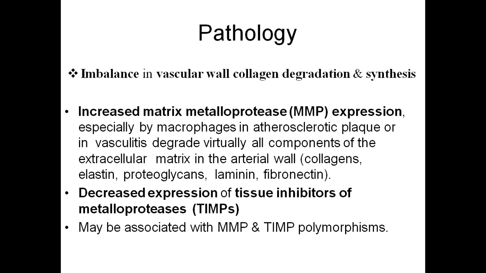Decreased expression of tissue inhibitors of metalloproteases may be associated with MMP and TIMP polymorphism. So, we have MMP, matrix metalloproteases, and TIMPs, that is tissue inhibitors of metalloproteases. So, there is some change in this concentration. Either the synthesis is becoming less or the degradation level of the connective tissue increases.